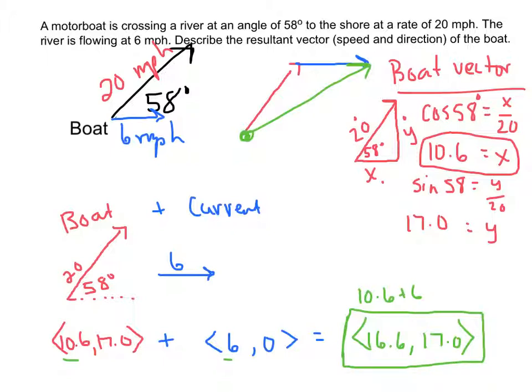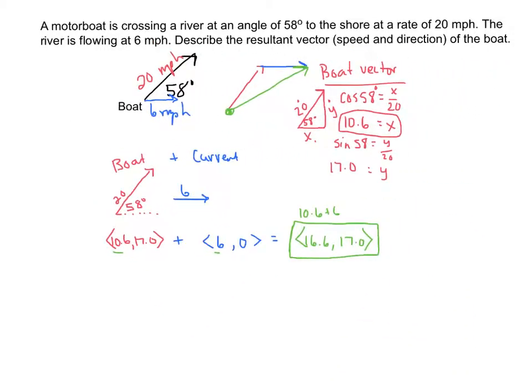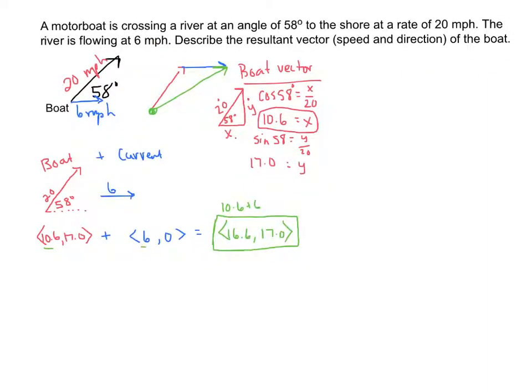So what I'm going to do is shrink this stuff a little bit so I can figure out what the magnitude and direction are. So let me draw this over here. I've got an x value of 16.6 and a y value of 17.0. And I want to find the magnitude, which is the length of that hypotenuse, and I want to find the direction, which is theta.